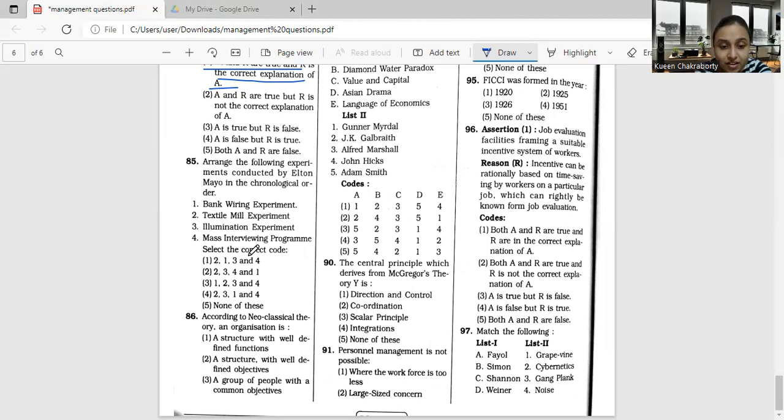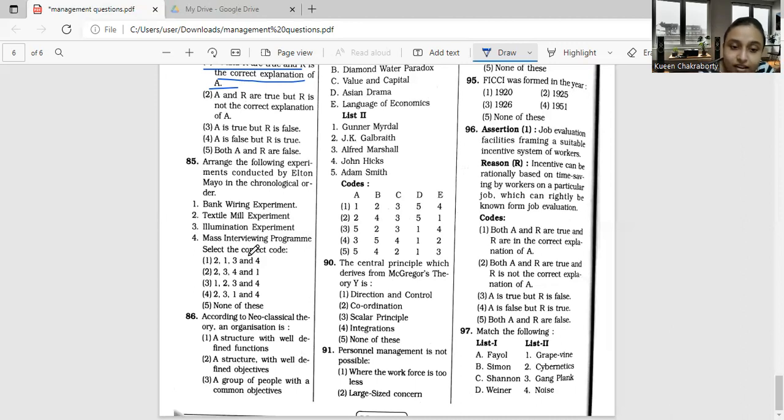Now, before the studies at Harvard or at the Hawthorne plant, Mayo undertook his first research in a textile mill, which came to be known as the first enquiry. He started this research in a textile mill near Philadelphia in 1923.